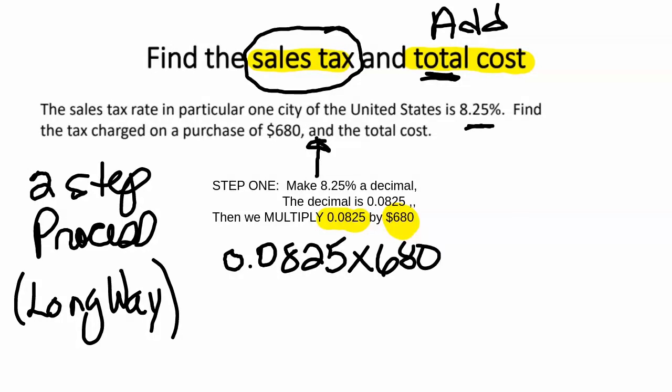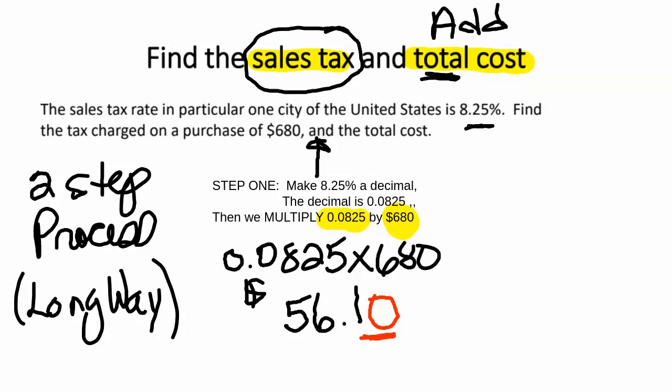Now, we can use calculators. This is going to give me 56.1. But remember, this is money. I need to know that this has a zero back here because money has two decimals.